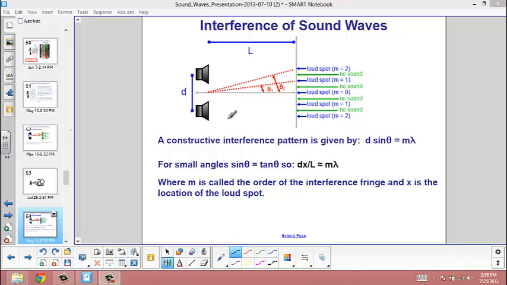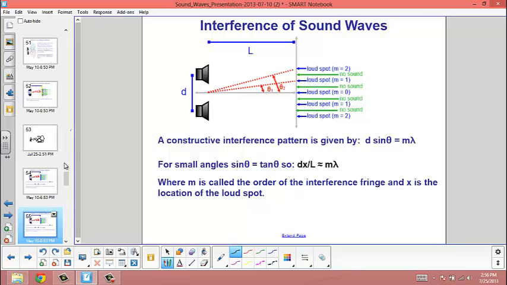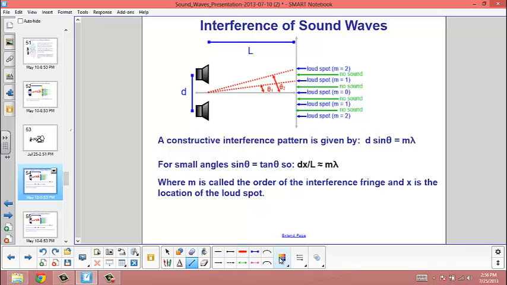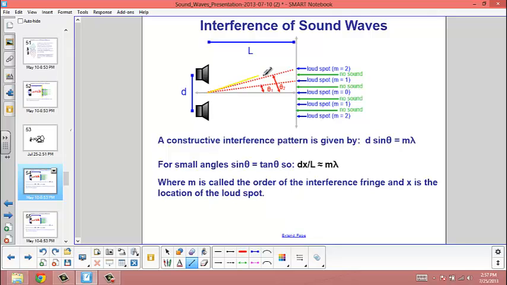So first of all, let's duplicate this slide. So we'll clone it so it's available again for consideration. If I were to draw a triangle, and I'll do that with yellow lines for my first triangle, and we call that angle theta.